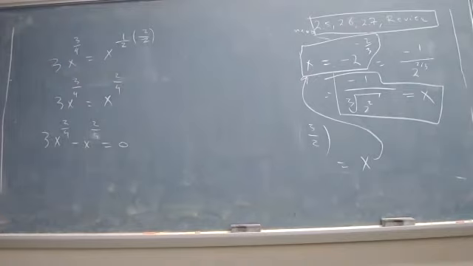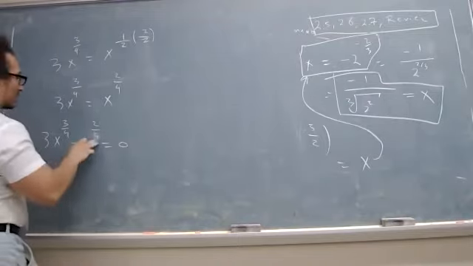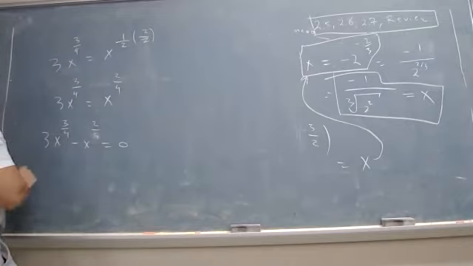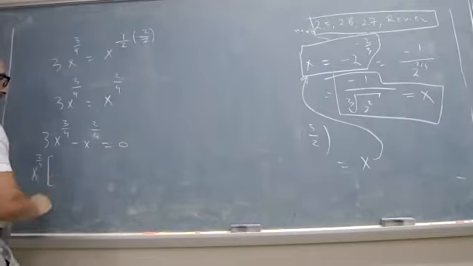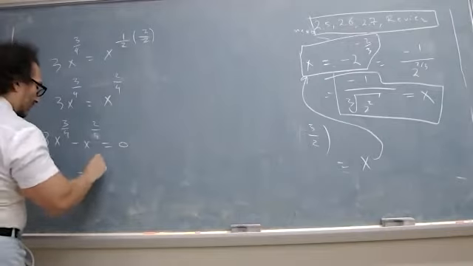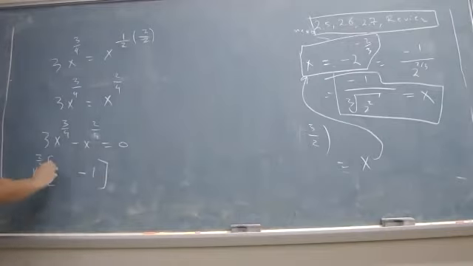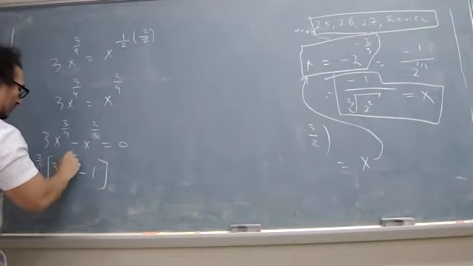So notice that I can pull out x to the 2/4 because that's the lowest amount. Remember, if I pull out an x to the 2/4, this term just becomes a 1. Well, what happens to this term? It's a 3x to the 1/4.